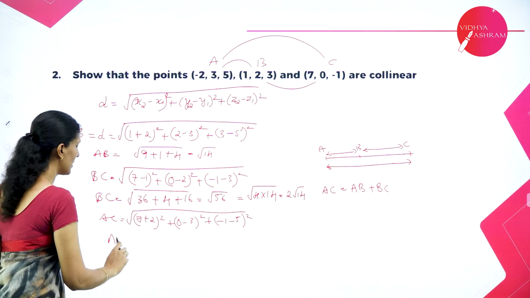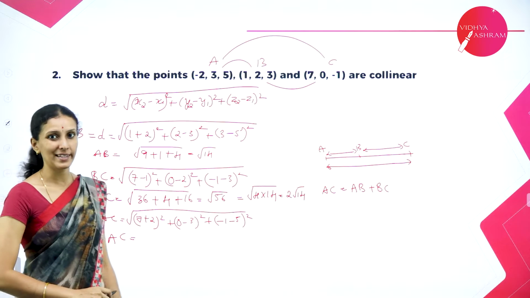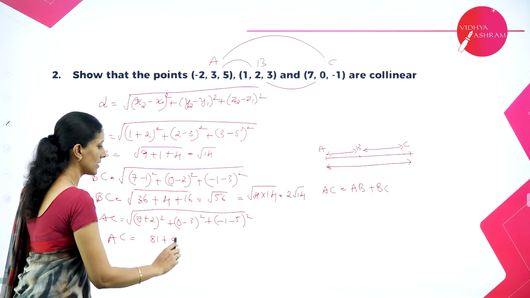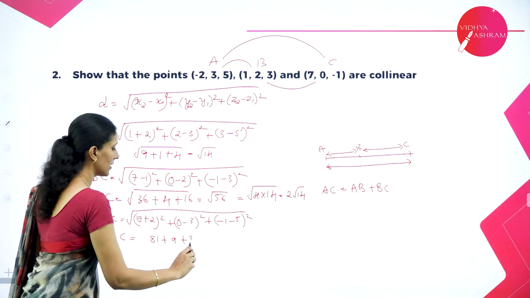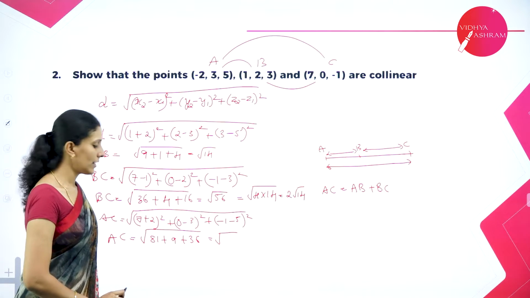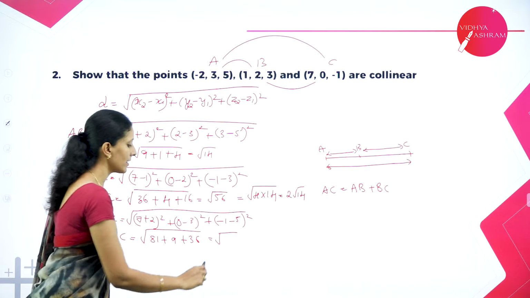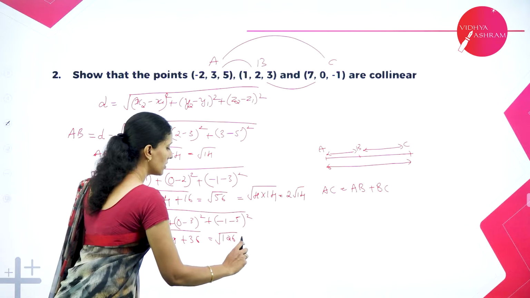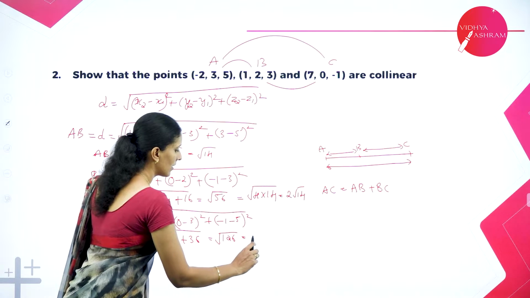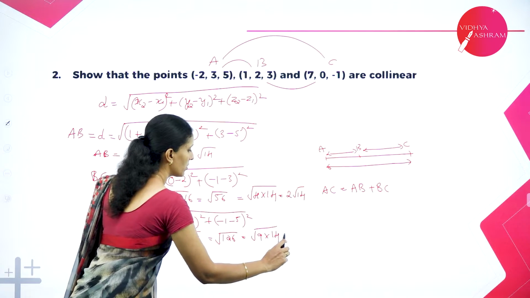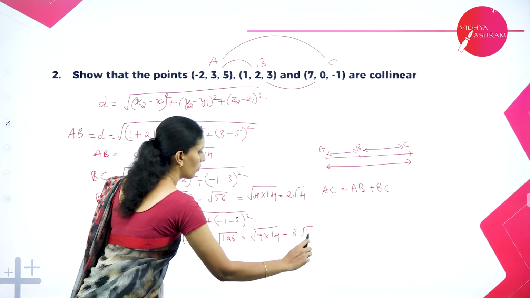So AC is equal to, 7 plus 2 is 9, 9 square is 81, 3 square is 9 and 6 square is 36. So here you will get 81 plus 9, 90. 90 plus 36, 126. So this can be written as 9 into 14, which is equal to 3 root 14.